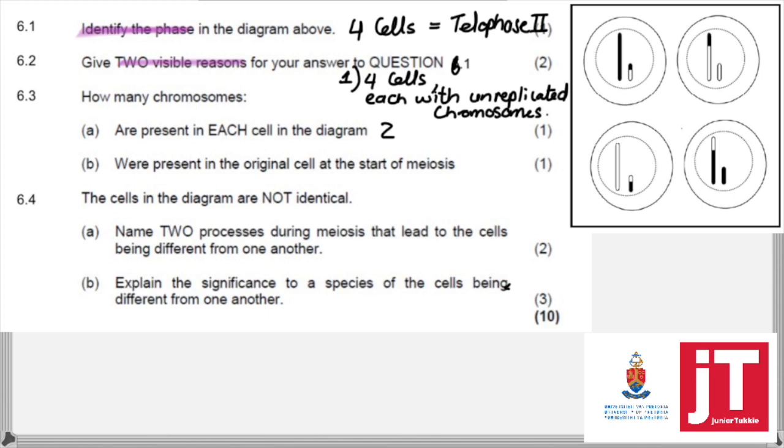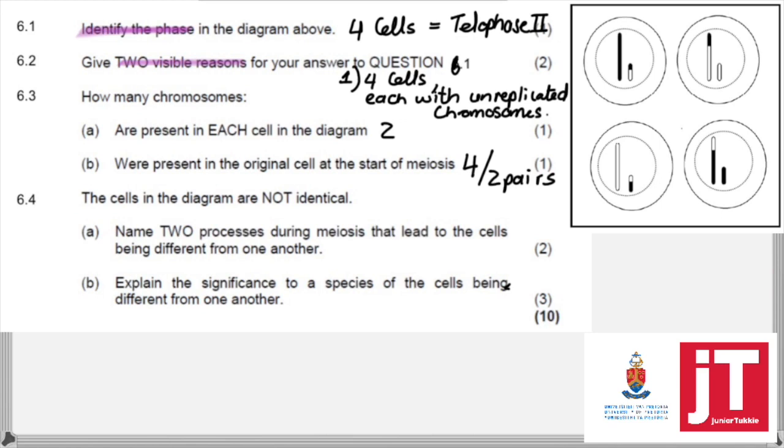Each of these gametes at the end of telophase 2 has n number of chromosomes, and my question asks how many were present in the original cell at the start, which would be 2n. So if there are 2 present at telophase 2, there would have been 4 present in that original cell. Or we can add to our answer and say 2 pairs, because that's what we would have seen in that original cell. Now, question 6.4.